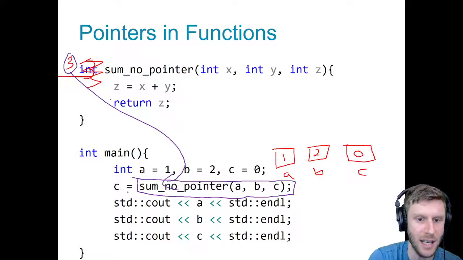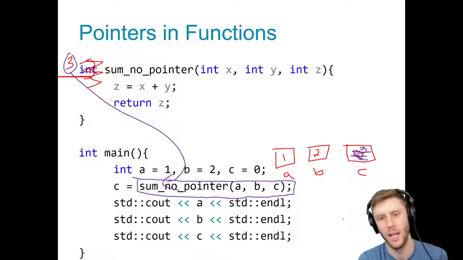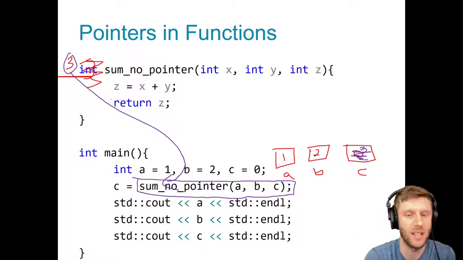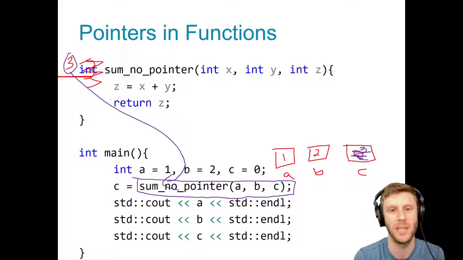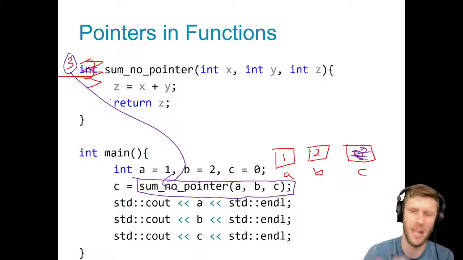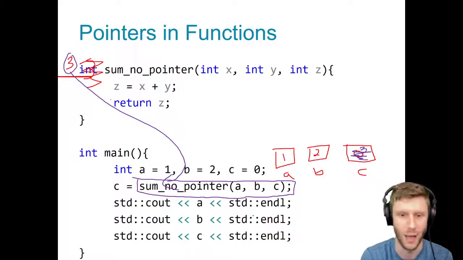Well, C now has 3. Okay, so 3. There. So this is just another way of doing what we did on the previous slide. And I prefer it this way, but they achieve the same outcome, but in entirely different ways.